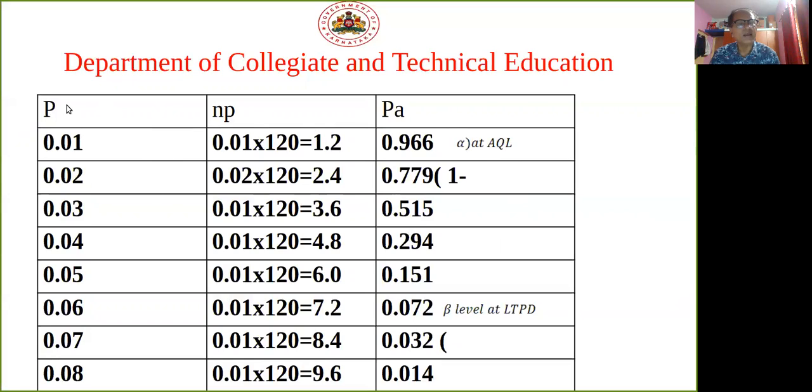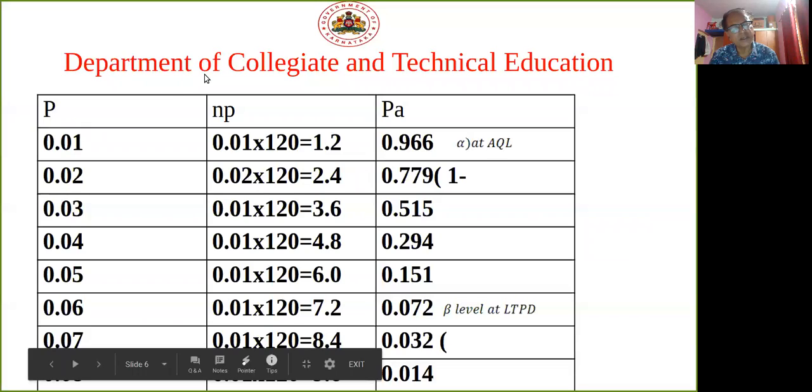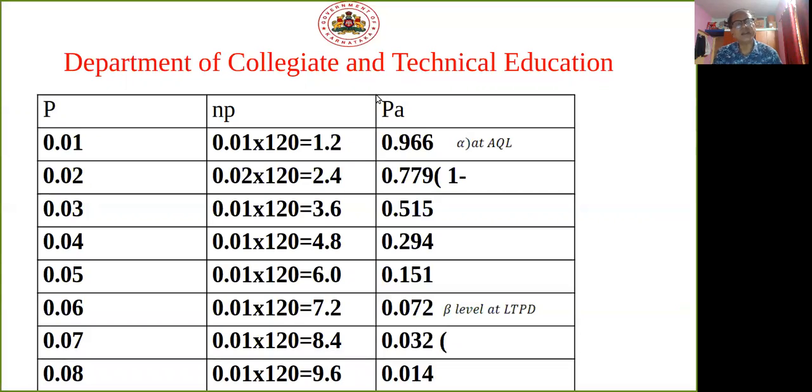The P value will start from 0.01, 0.02, 0.03, 0.04, 0.05, 0.06, 0.07, and 0.08. After taking P, we know the value of n. n equals 120. The second column shows the NP value. For the first row, the P value is 0.01 times n, which is 120.